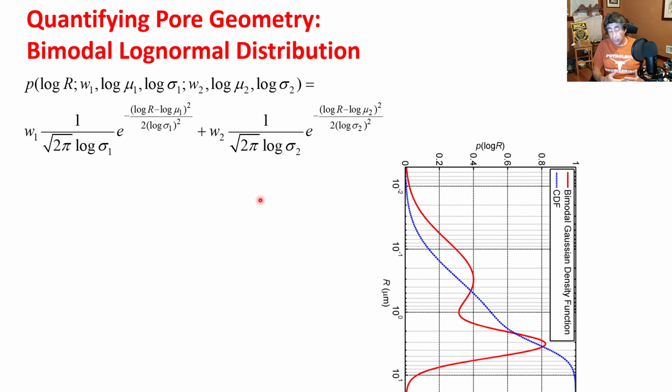So one way to fit these bimodalities is that if you measure the mercury intrusion capillary pressure, that curve can be decomposed into two Gaussians, and when you do that decomposition, you can make predictions for the weights of the two, the relative concentrations of the two Gaussians.